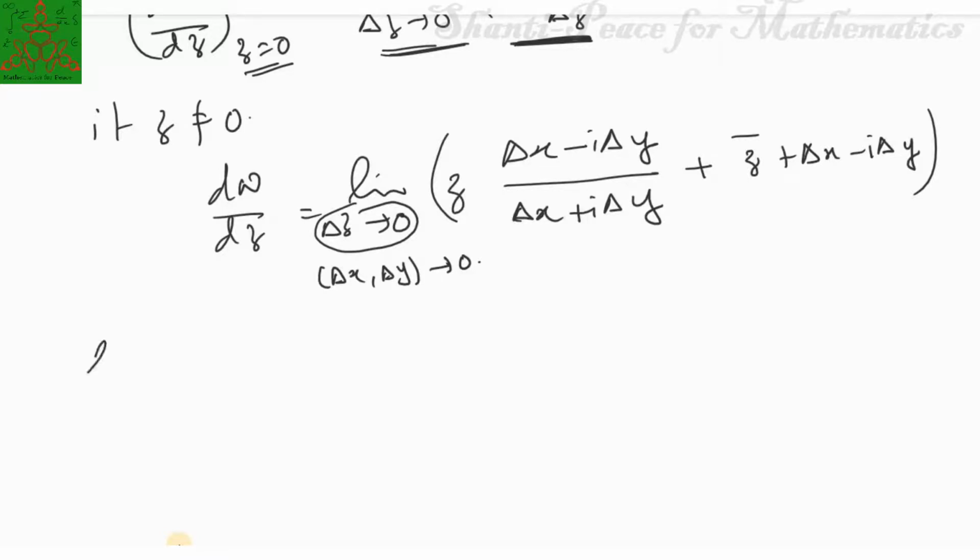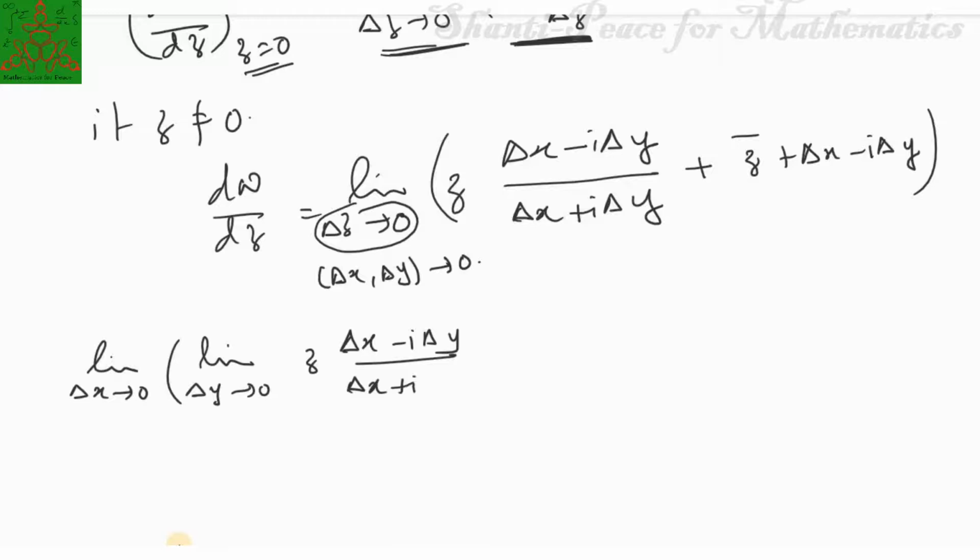So I will start with the limit as delta x tends to 0, limit as delta y tends to 0, of z into delta x minus I delta y upon delta x plus I delta y plus z bar plus delta x minus I delta y.